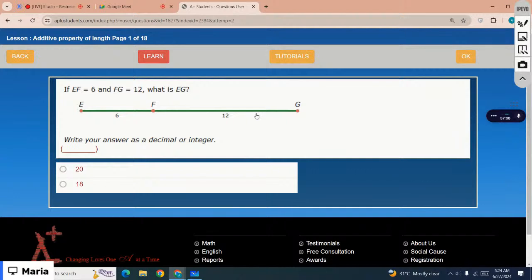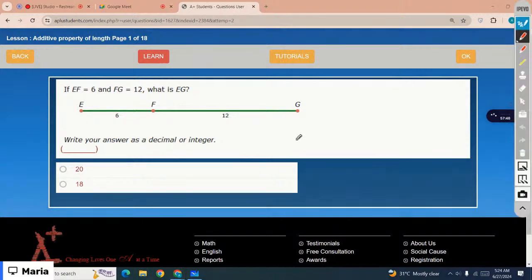If EF equals 6 and FG equals 12, what is EG? So basically, EG is equal to from here to here, that is EF, plus from here to here, that is FG.